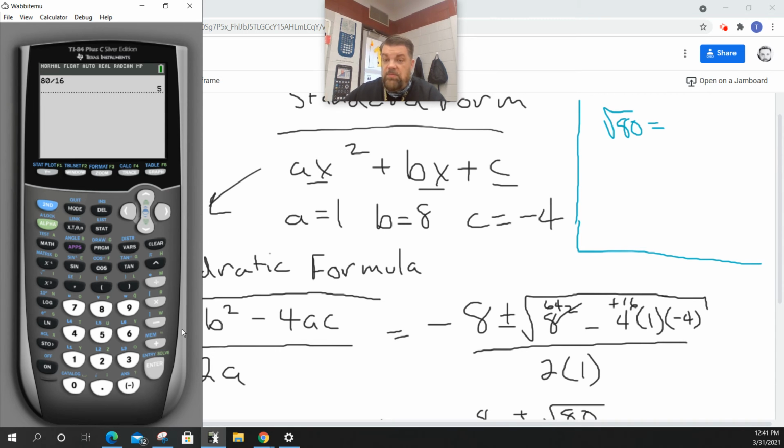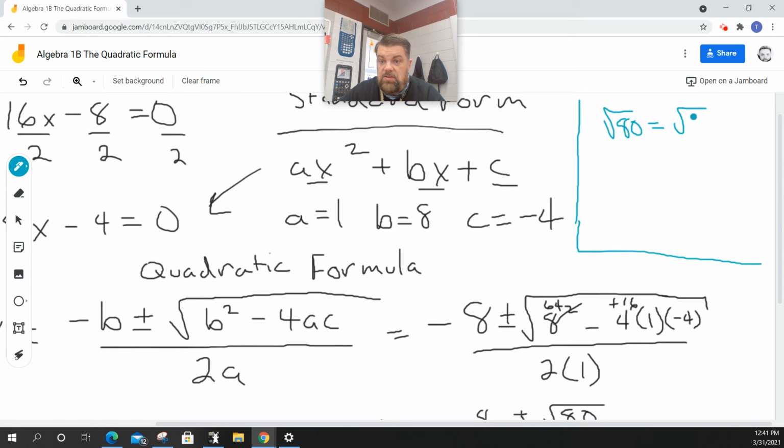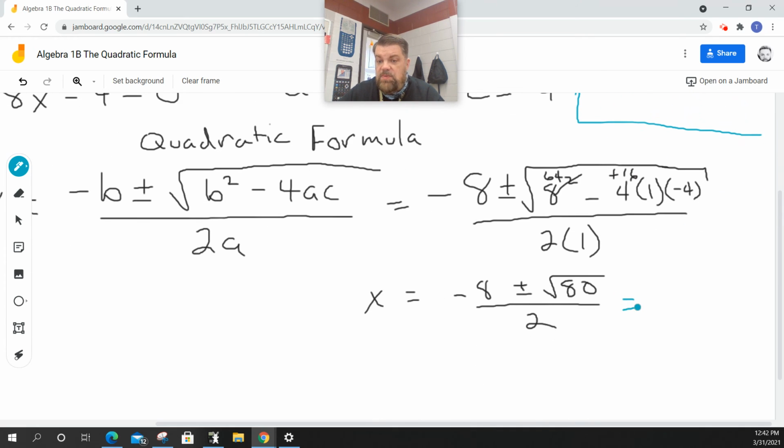So then this can be rewritten as the square root of 16 times the square root of 5, right? Because 16 times 5 equals 80. So then the square root of 80 reduces down to the square root of 16, which is 4, times root 5. So then this becomes negative 8 plus or minus 4 root 5 all over 2.